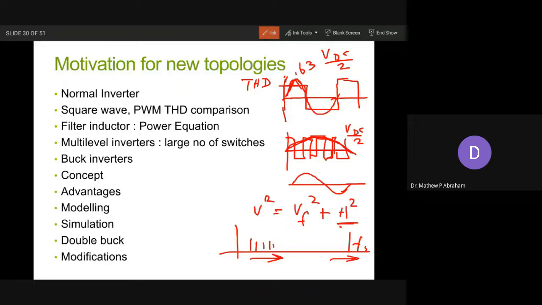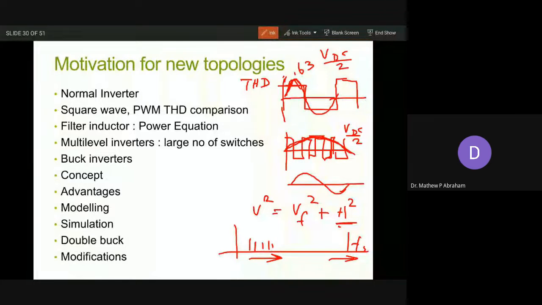So our aim is to bring in inverter topologies which have a lesser amount of harmonics. At the same time, we have to create amplitudes higher than what is possible from normal PWM inverters. And one more factor is the power transferred.